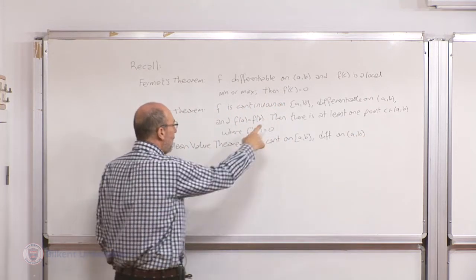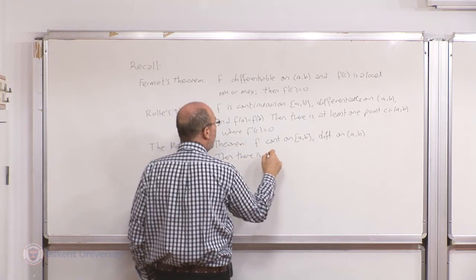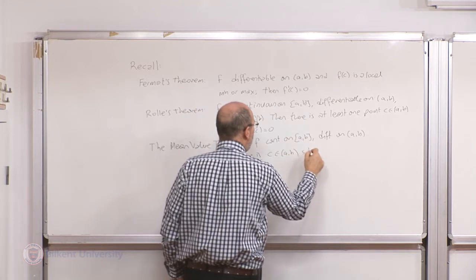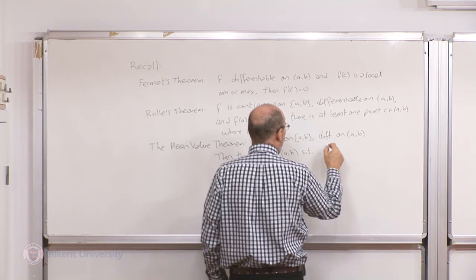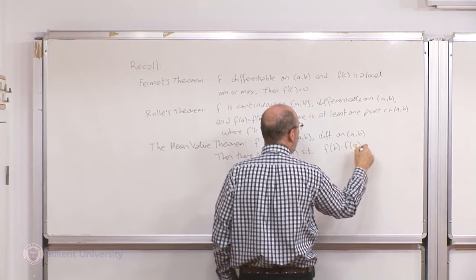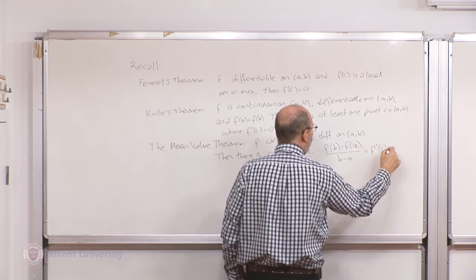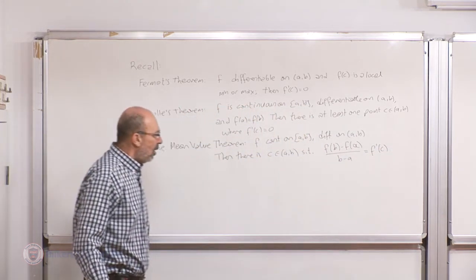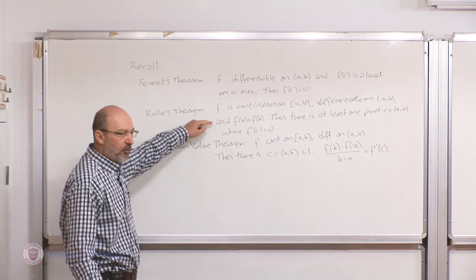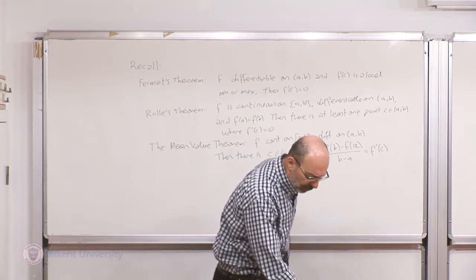Then there is at least one point c in A, B such that the slope of the secant line, (f of B minus f of A) over B minus A, is equal to the slope of the function at that point. We proved this using this, we proved this using this. So this is what we had.